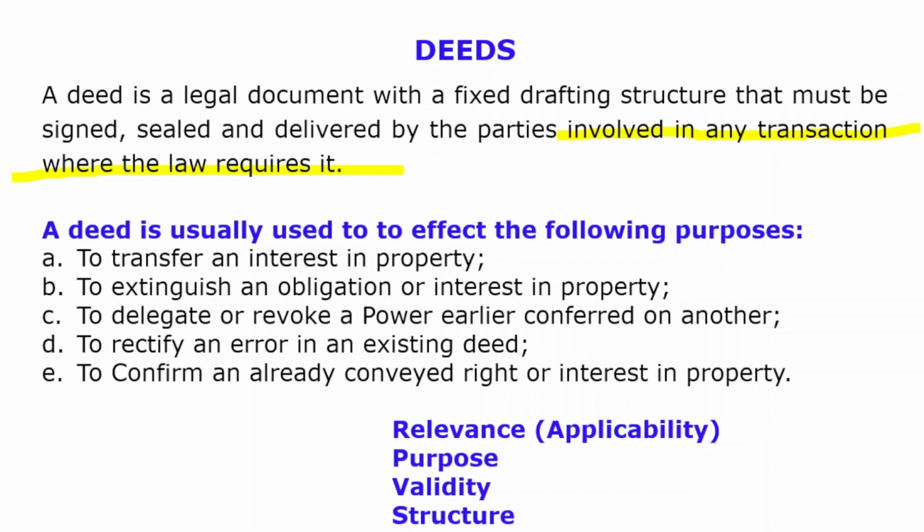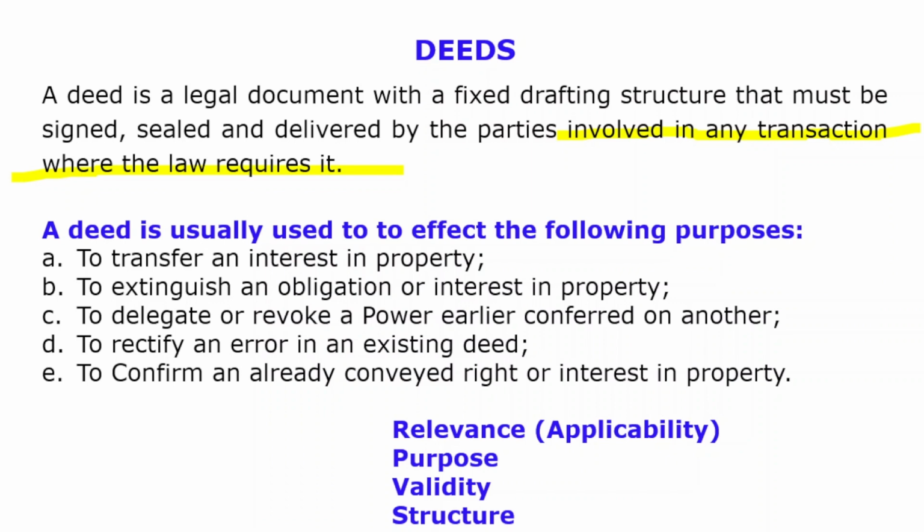Therefore, where a sale of land transaction has been purported to happen between two parties, party A being the assignor, party B being the assignee, and a deed of assignment was not prepared, because they have failed to comply with the requirements of law, you cannot say that legal interest in that land has passed from the assignor to the assignee.